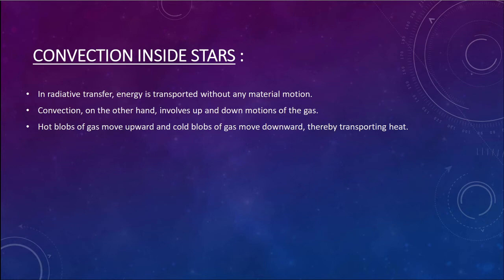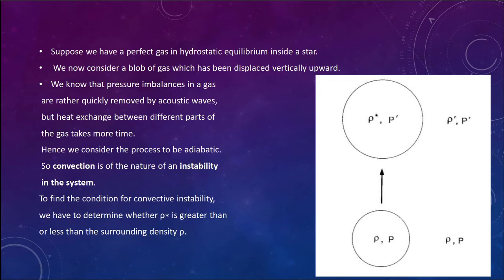Next slide. Suppose we have a perfect gas in hydrostatic equilibrium inside a star. Now we consider a blob of gas which has been displaced vertically upward, as shown in the figure.